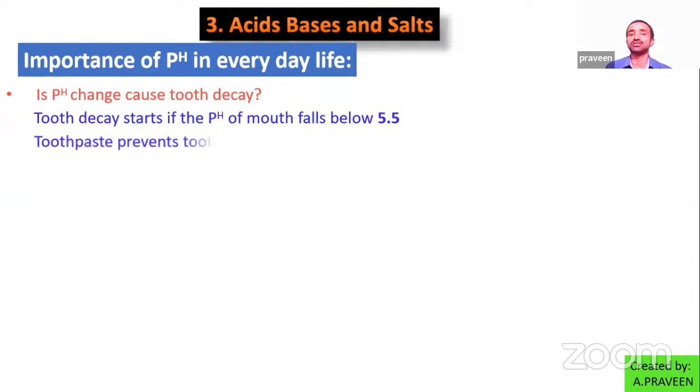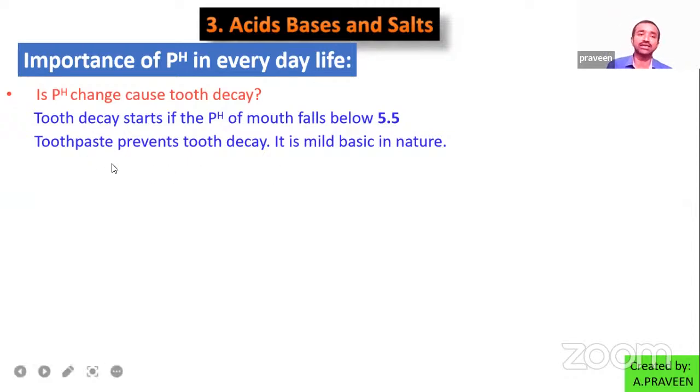So that is prevented by using toothpaste, right? The process of damaging your teeth by the reaction of acid with the mineral is called tooth decay. That is prevented by using toothpaste. Why toothpaste?